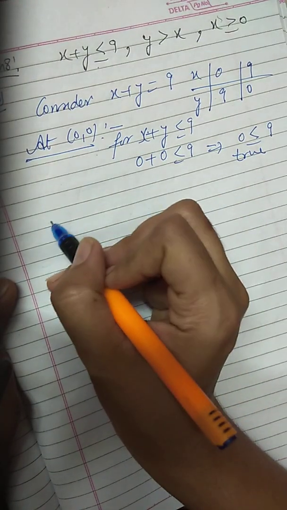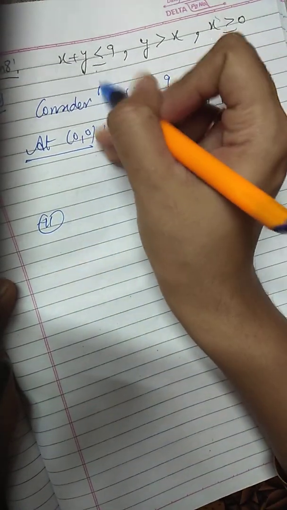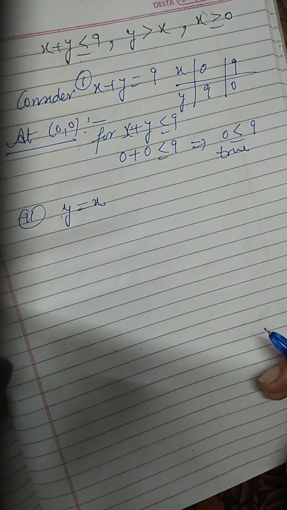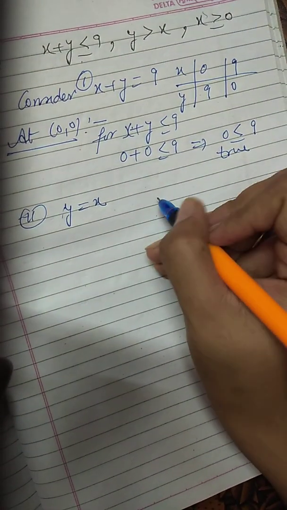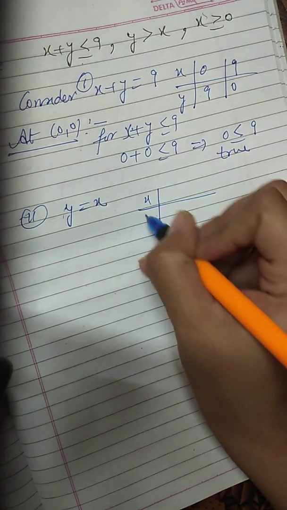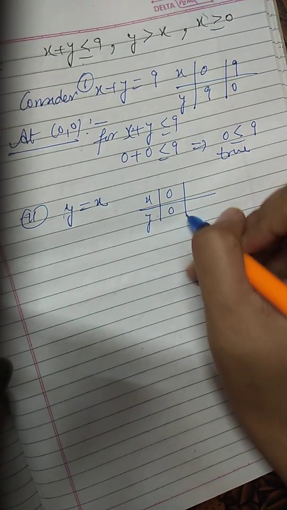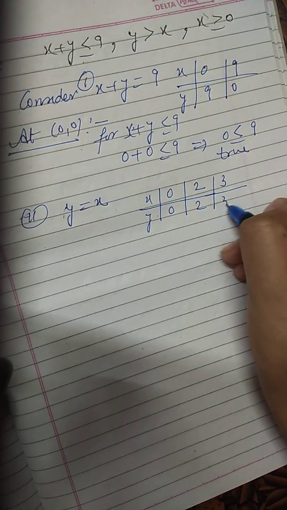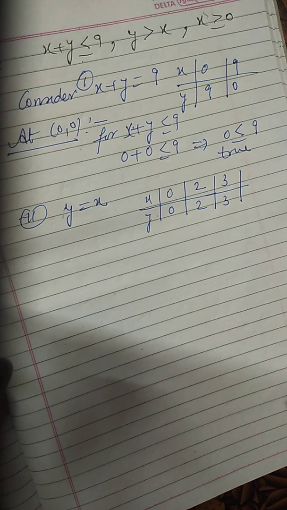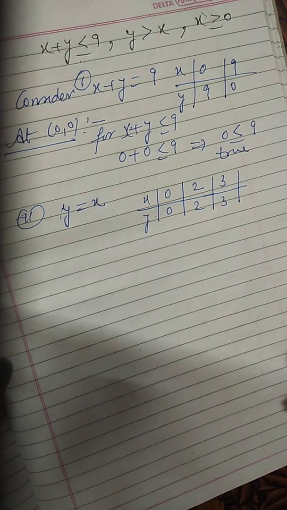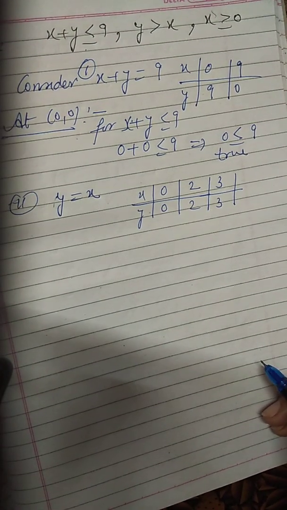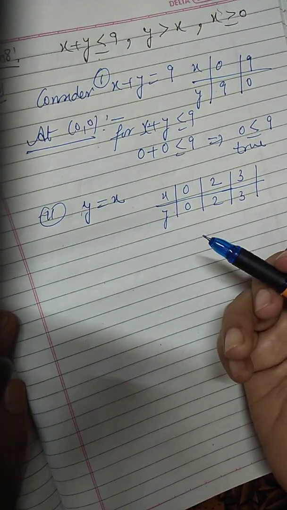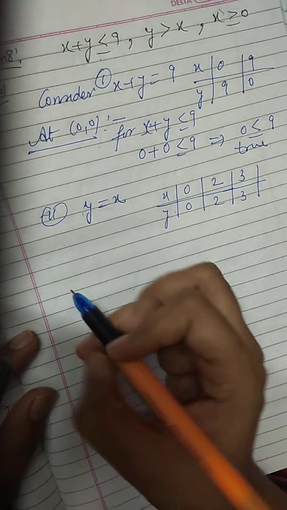Now the second, this is the first, second is y equals x we will consider. When I consider y equals x, that means if I take x as 0, y will be 0. If I take x as 2, y will be 2. If I take x as 3, y will be 3, and so on. So y equals x will be the line which passes through the origin. And here at which point we will check, I will tell you later.